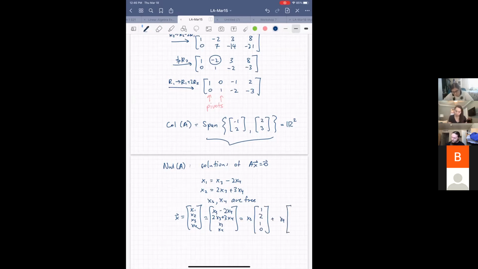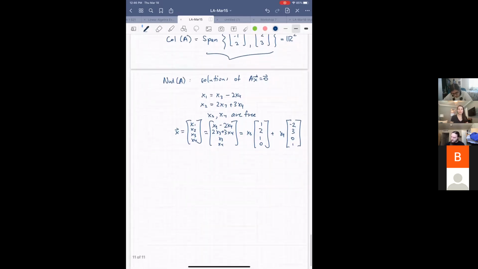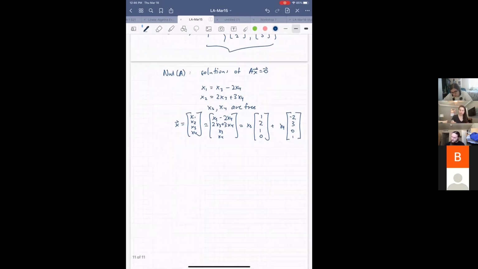So those are our 2 free variables. Meaning that the solutions are going to be the span of these two vectors. So 1, 2, 1, 0, and -2, 3, 0, 1.